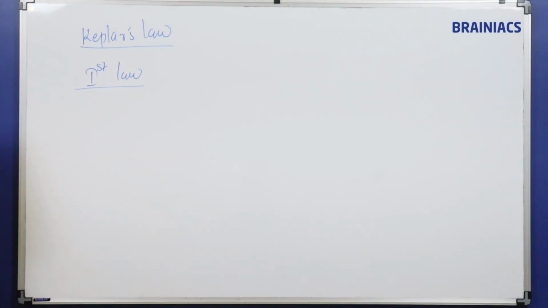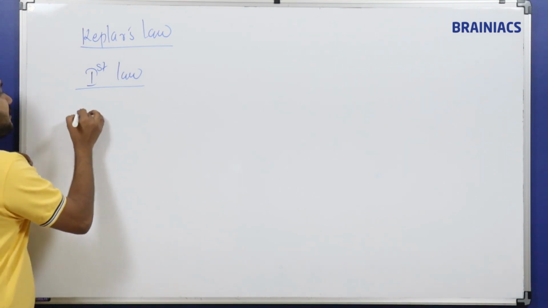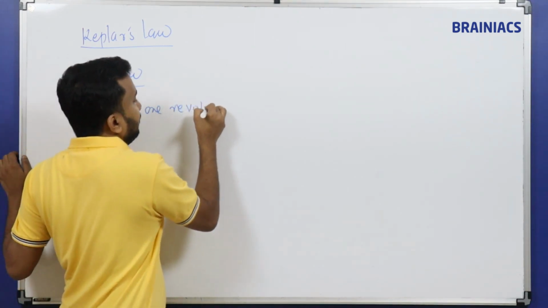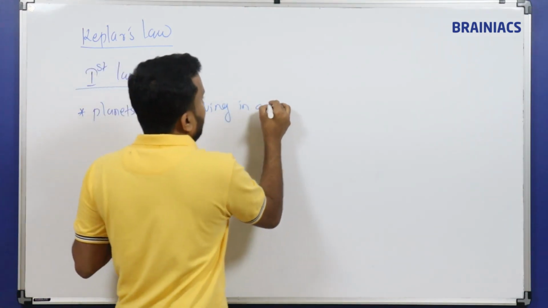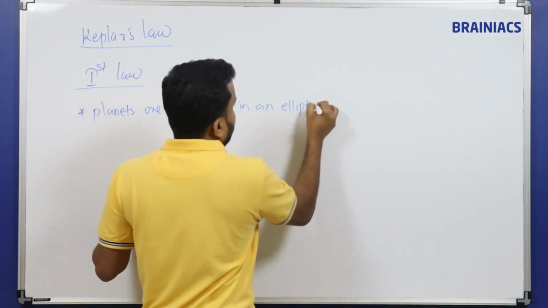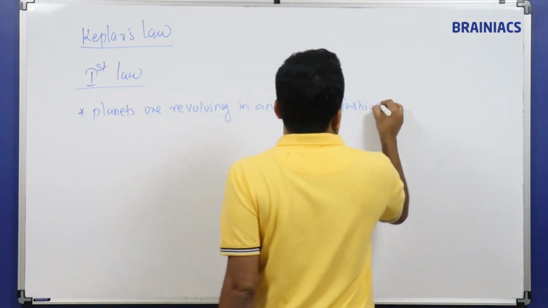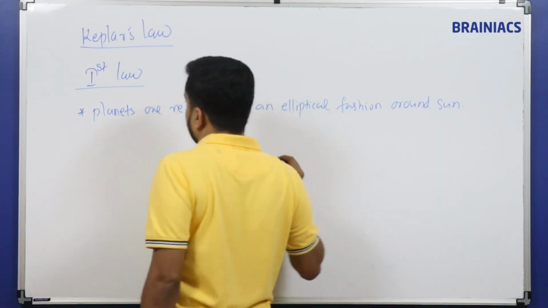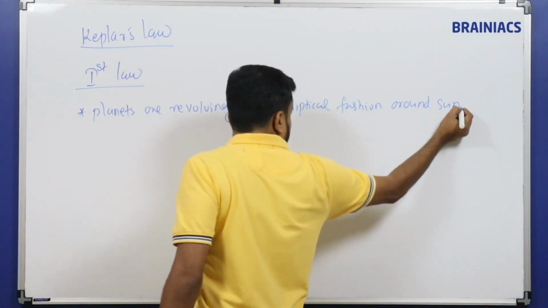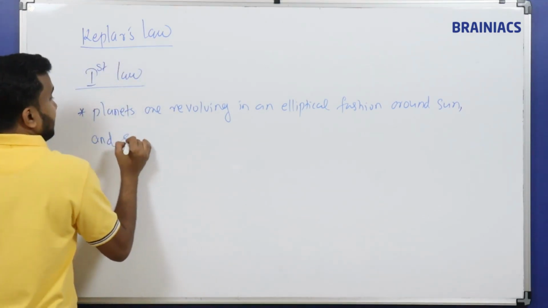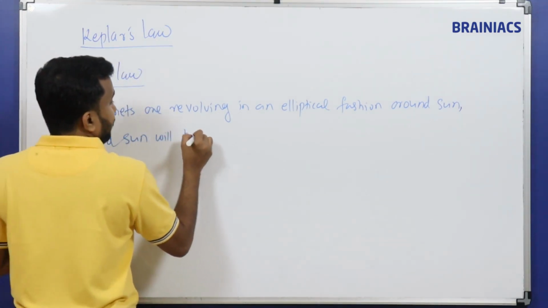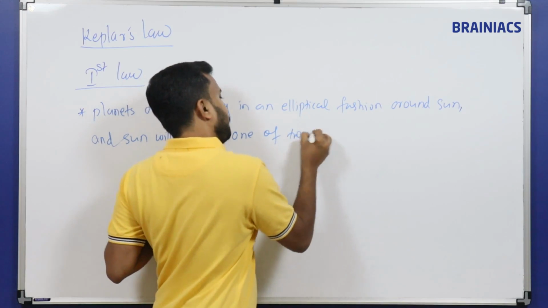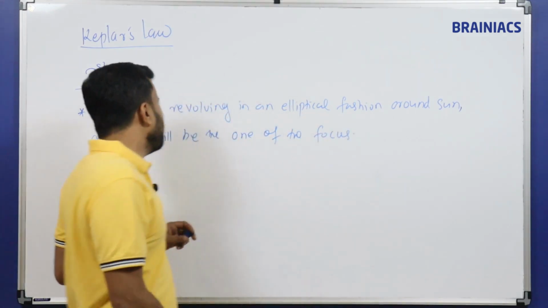Kepler's first law states that planets are revolving in an elliptical fashion around the sun, and the sun will be one of the foci. The statement is very clear, right?